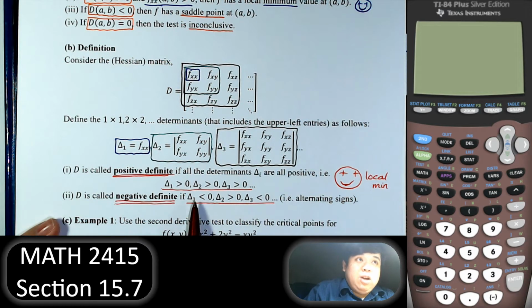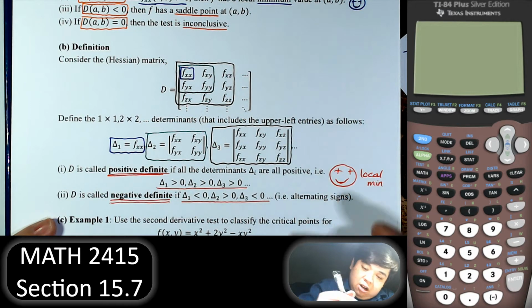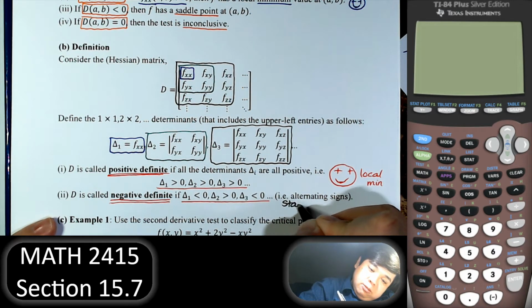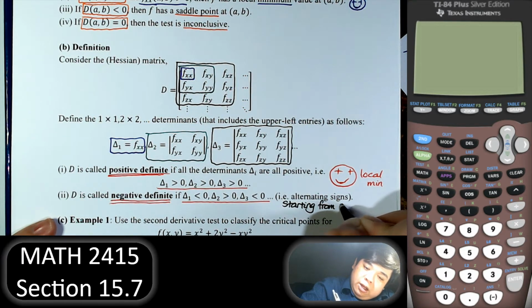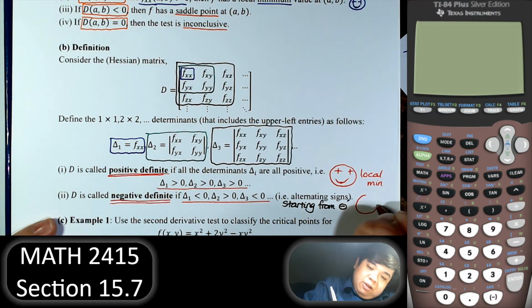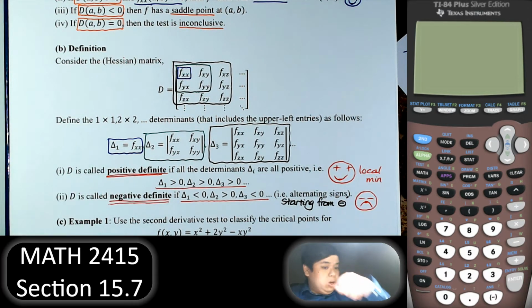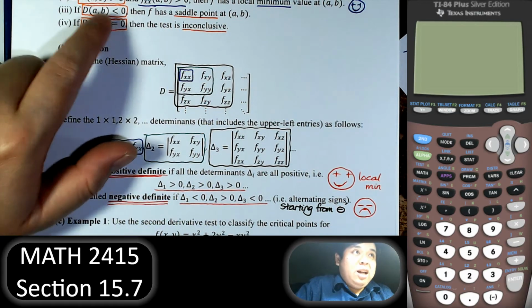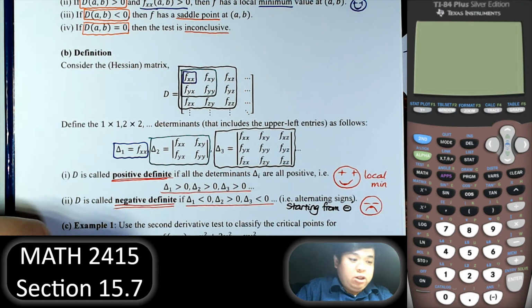It has to go from negative to positive, so alternating sign, starting from negative. If that is the case, it is negative definite, and there's the maximum. So this is a lot more general than that. Of course, if we have delta 2 equal to 0, that's inconclusive.